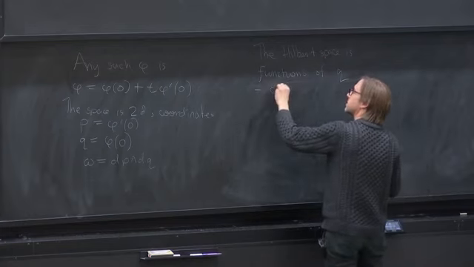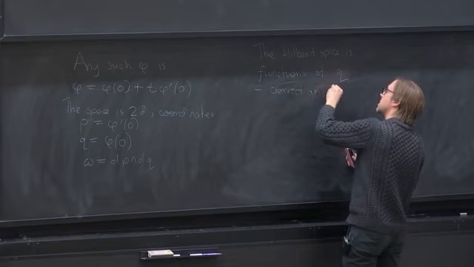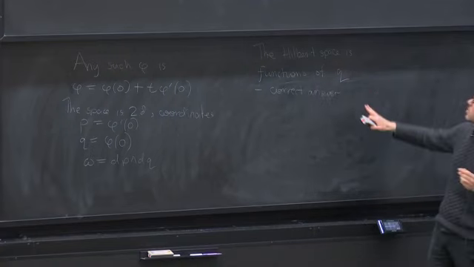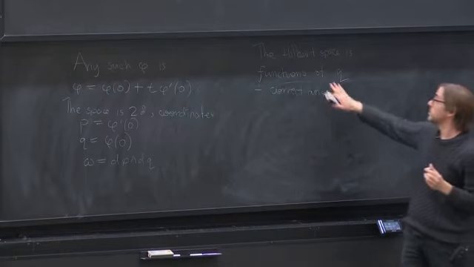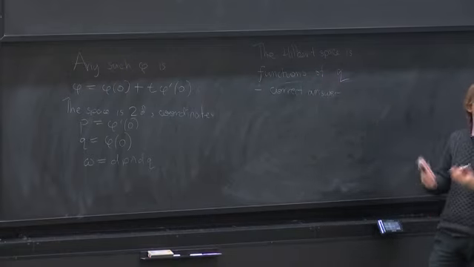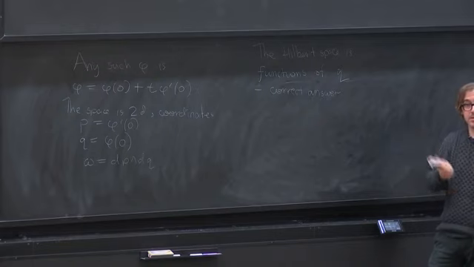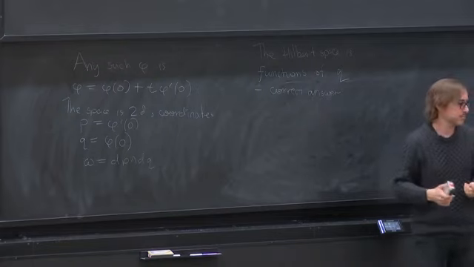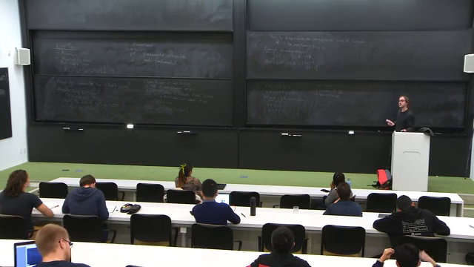You notice that it was important that we took functions of half the variables, otherwise I would not have got the correct answer for what the Hilbert space is for quantum mechanics. A state is not a function of position and momentum, it's only a function of one of them. Any questions?